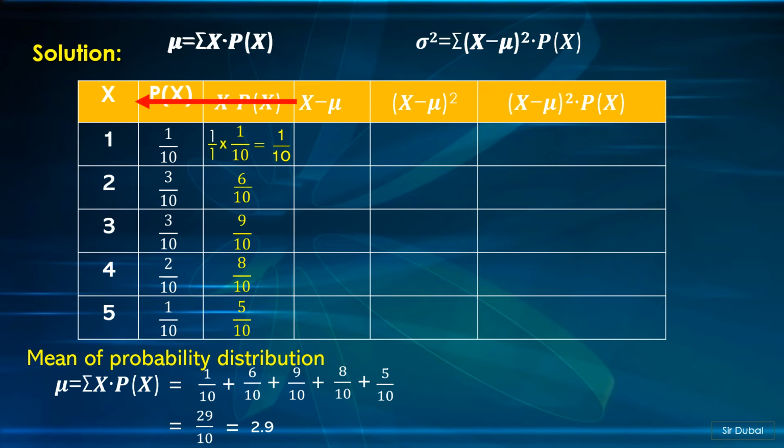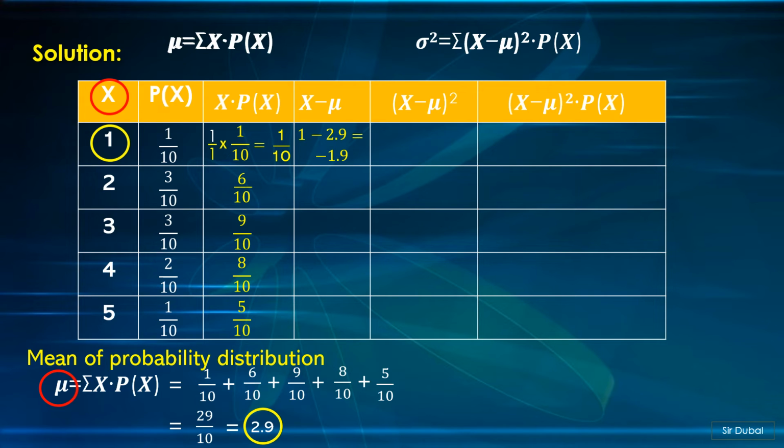Now let's go back to our column of x minus mu, since we already have the value of our mu. So our x again is that portion, and our mu is that answer that we have, which is already 2.9. Therefore, our x, which is 1, we're going to subtract the value of our mu, 2.9.